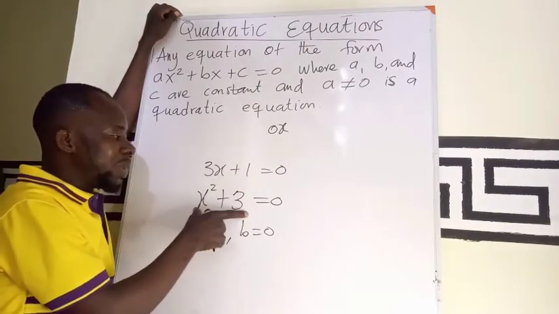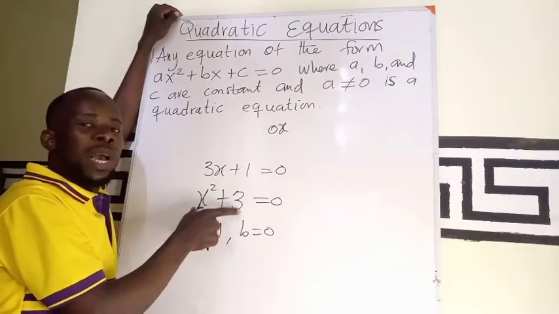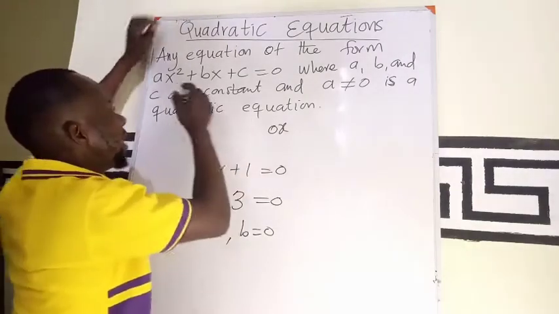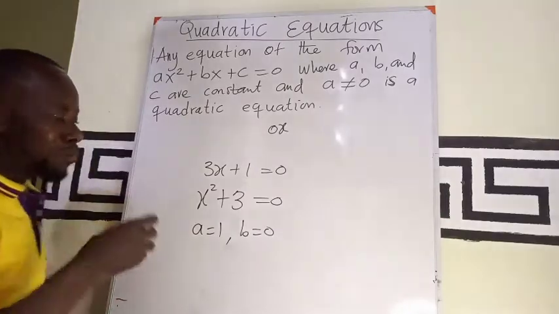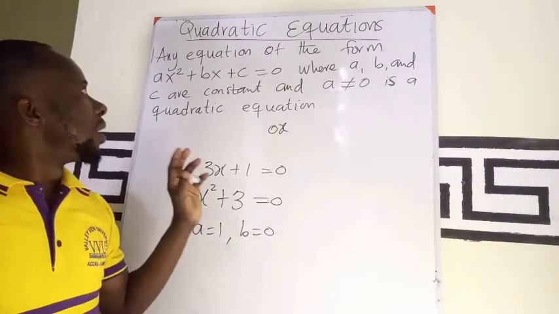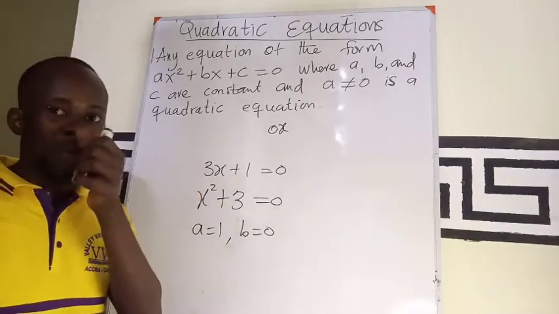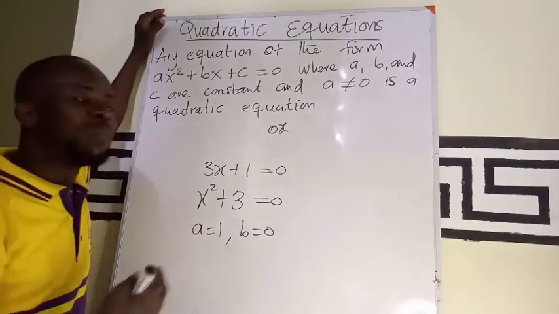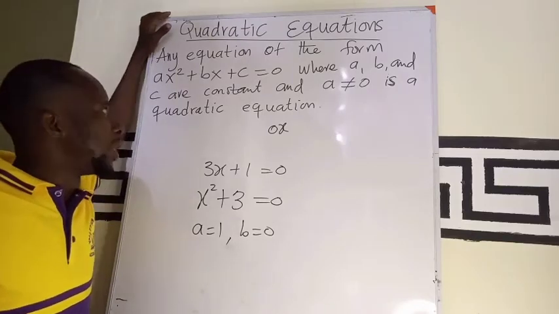So any equation of this form is a quadratic equation. This is not. So always the x exponent 2 term must be present to make the equation certified as a quadratic equation.